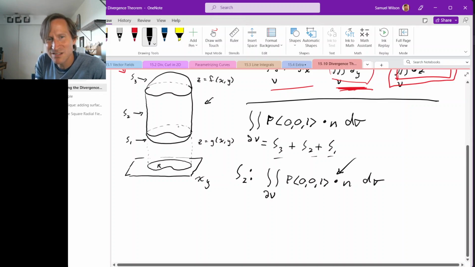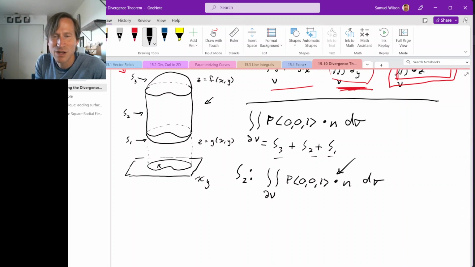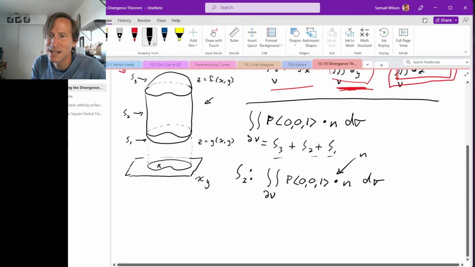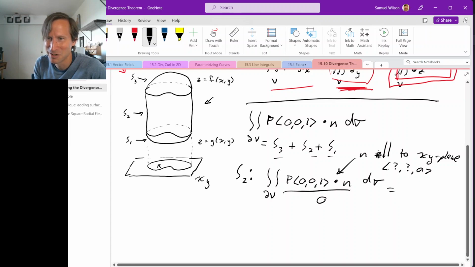Well, because the sides of this region are vertical, n is going to be parallel to the xy plane. So in other words, n is going to look like (something, something, 0). But then when we take the dot product with (0, 0, 1), we get 0. So we're integrating 0 here. This entire integrand is just 0. So this integral over S2 is actually just 0.